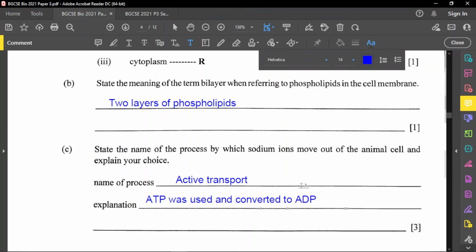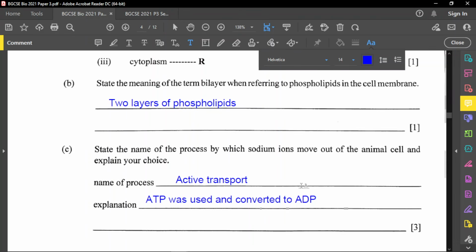So any movement of a substance from one area of a specified concentration to another area of a specified concentration, it is diffusion. And diffusion is normally from high to low concentration, but if it's moving from a low concentration to a higher concentration, then therefore it becomes active transport.